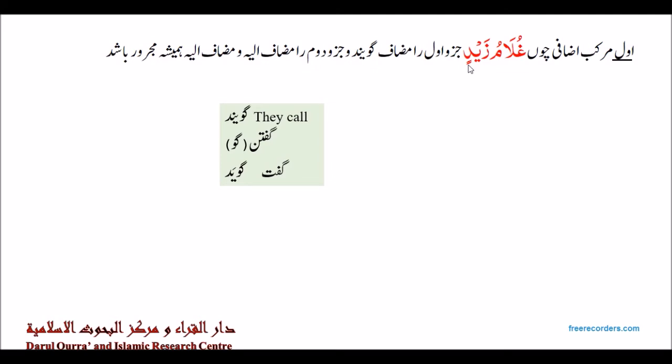Certain words will have a different symbol. Sometimes they'll have a ya at the end. But anyway, for now we need to remember that the mudaf ilay is majroor, and majroor means that it has a jar at the end, it has a kasra at the end. Later on we will study that it doesn't always have to be a kasra. It could be that there are other signs of a word being majroor.